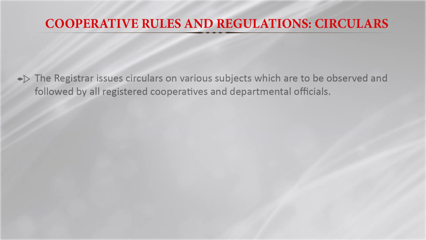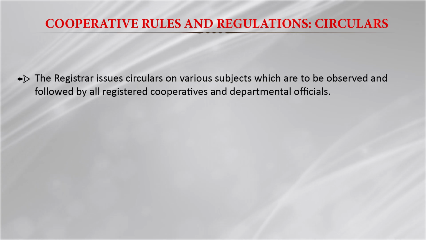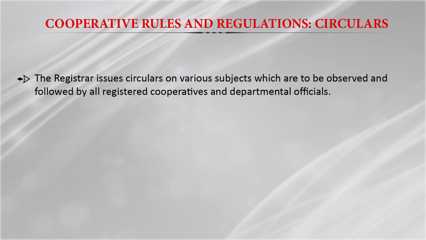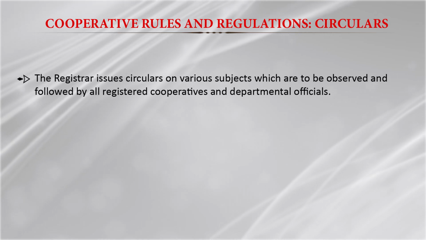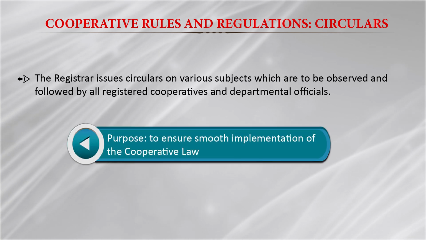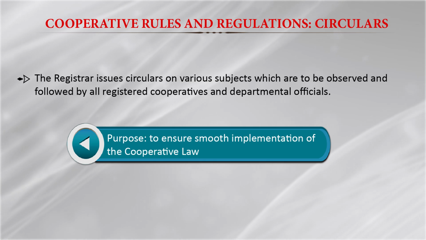And actually time to time the registrar of the cooperative issues the circulars on various subjects which are to be observed and followed by the registered cooperatives and department officials. And the purpose of this circular is to ensure a smooth implementation of the cooperative law.